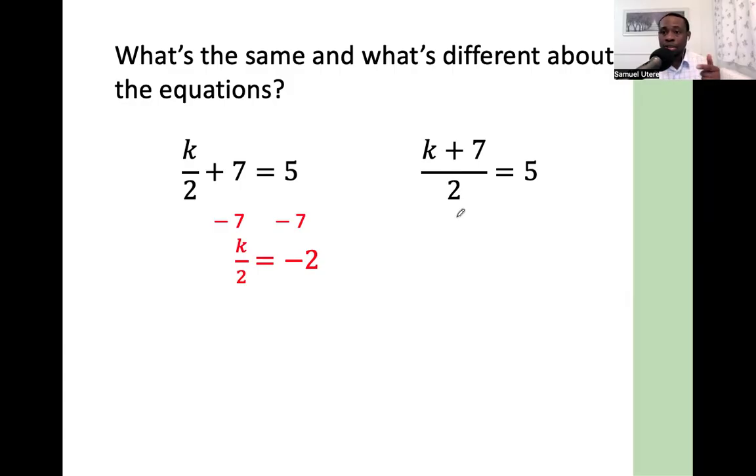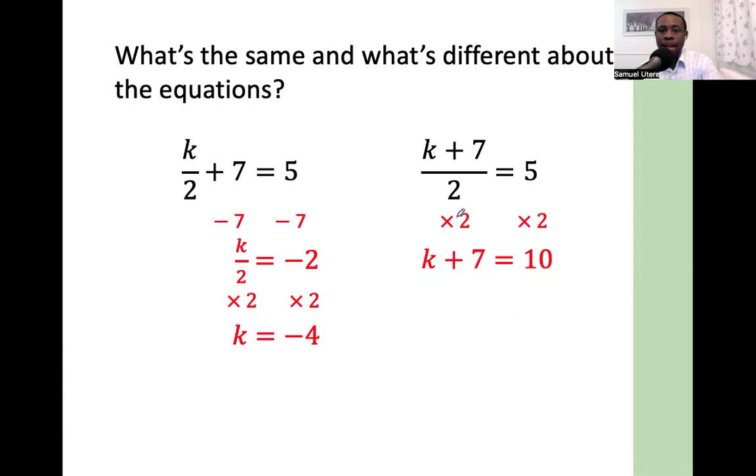So the inverse of division by 2 is to multiply by 2. Now we have k over 2 times 2. So multiplying by 2 eliminates dividing by 2. They are inverse operations, so they will eliminate each other. Of course, negative 2 times 2 will give us negative 4.